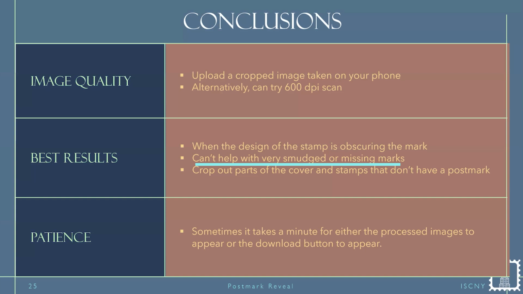It didn't help with very smudged or missing marks. Crop out as much of the cover as you can, including the stamp, just to really focus in on that postmark. That helped a lot. And sometimes it took a minute or two for the processed images to appear or for the download button to appear, so just patiently wait.